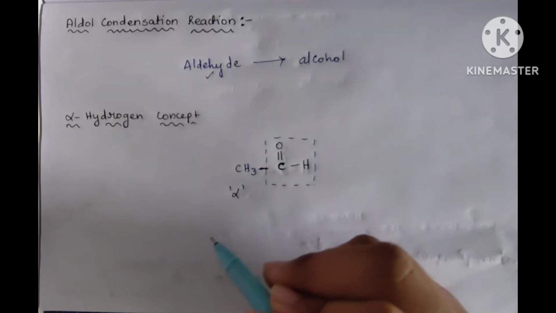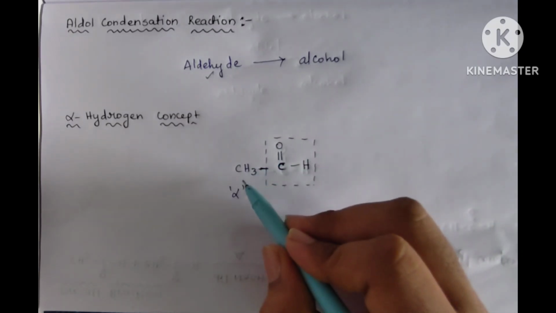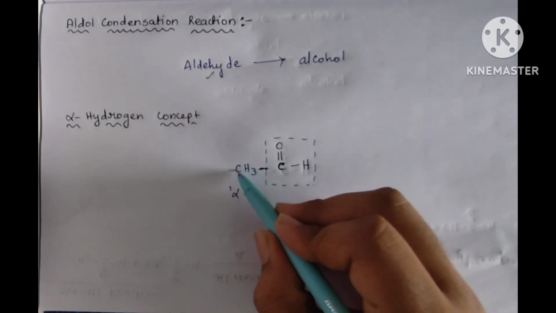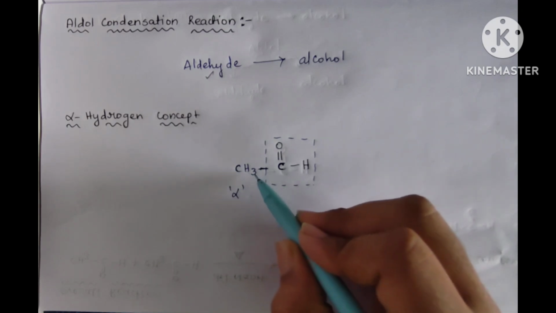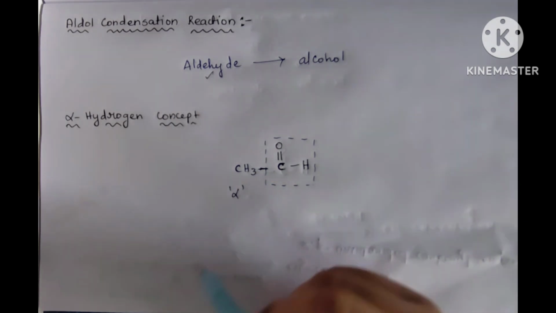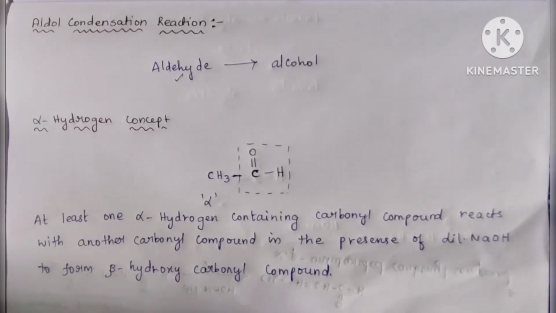To make aldol condensation possible, this is the condition: the compound must have alpha hydrogens. Without alpha hydrogens, we cannot continue the aldol condensation reaction.